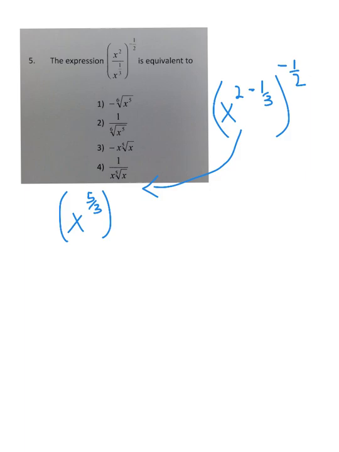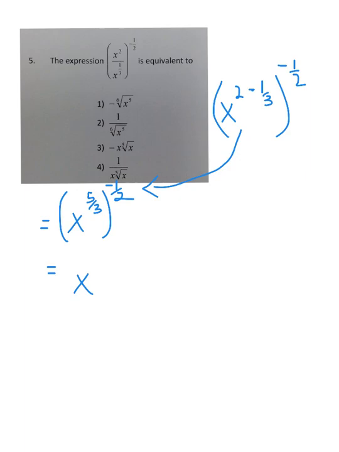Okay, now let's not forget, though, that I still have that other exponent on the outside of negative 1/2. So remember that when we have a power raised to another power, we multiply those exponents. Keep the base, and we multiply the exponents. So I'm going to keep the base, and I'm going to multiply 5/3 times negative 1/2.